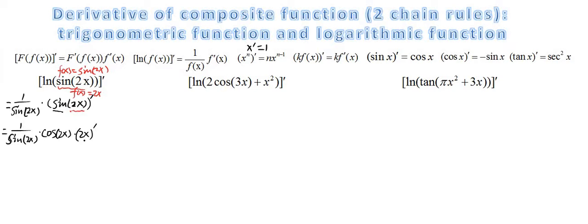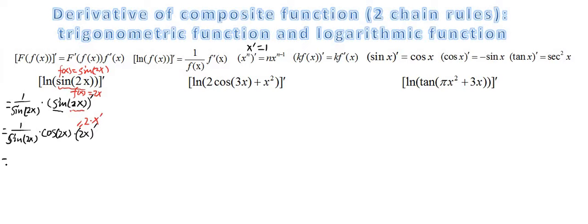Now let's take a look at this term. We can apply the constant multiple rule. Here we have constant 2, so that means we can pull this constant out of the derivative. We're gonna have the derivative of x, and the derivative of x equals 1. Very good.